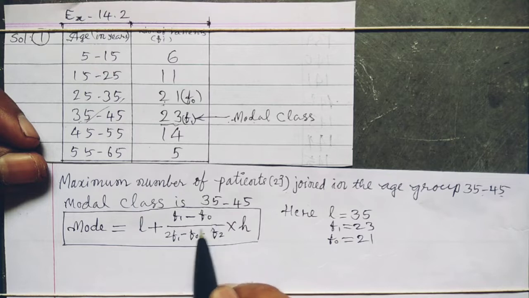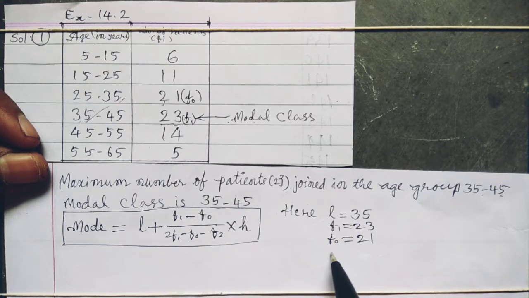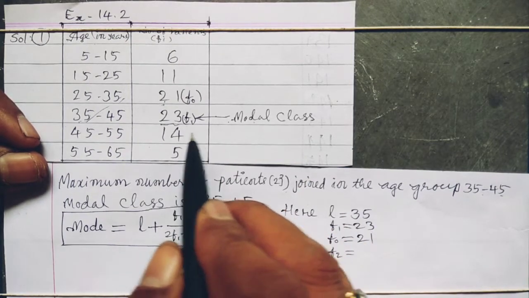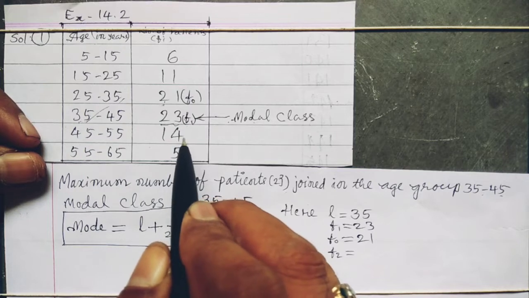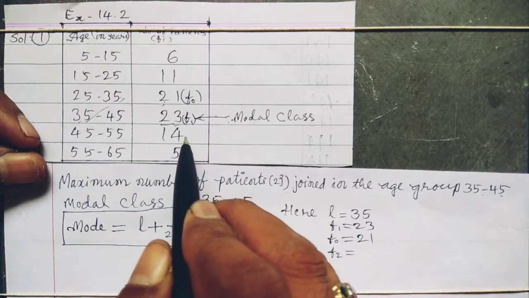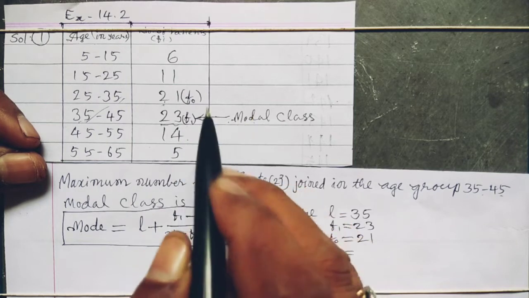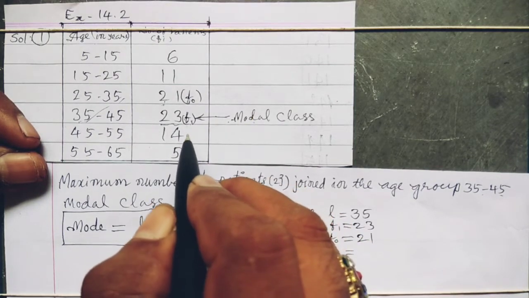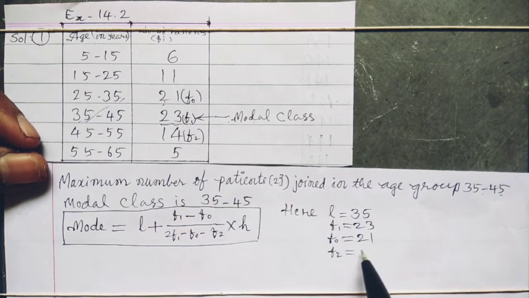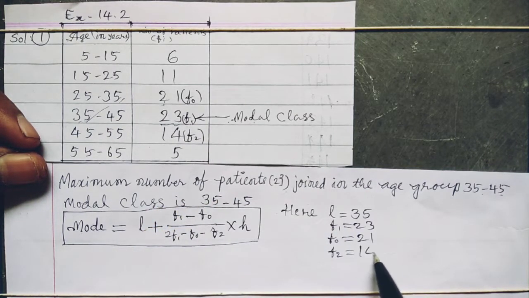F1 completed, F0 completed. Next, F2. What is F2? The frequency of the class succeeding the modal class. Succeeding means next. So F2 is equal to 14. Next, H. What is H?